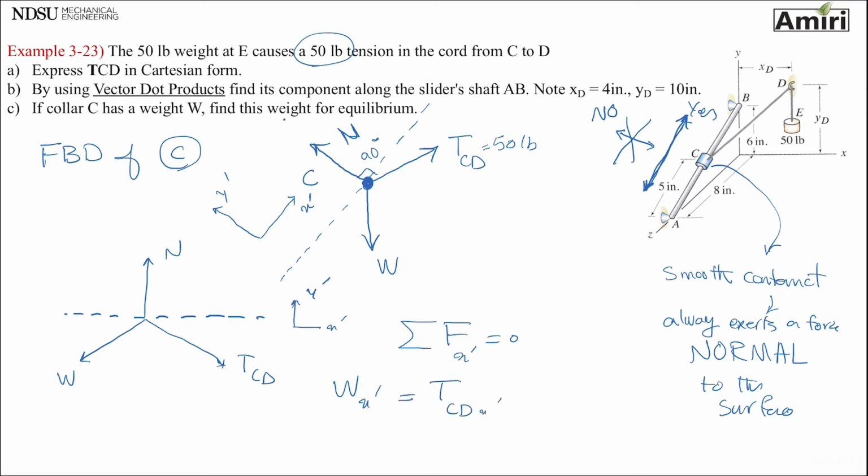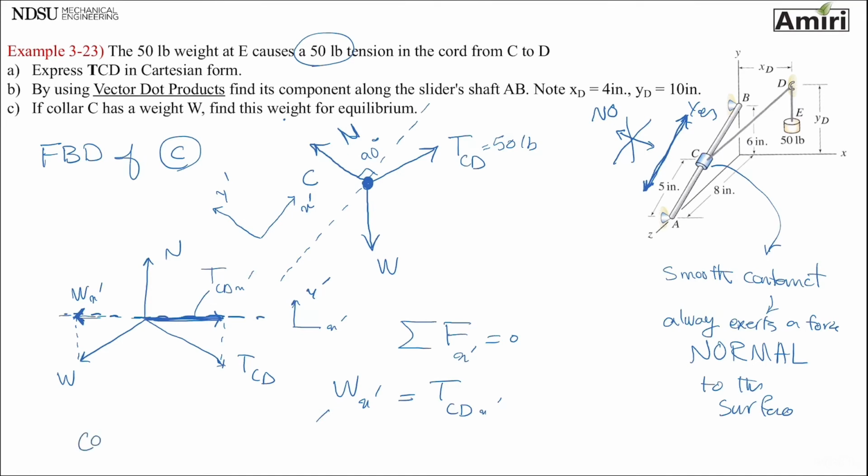This component, and this is a 3D force. Don't forget that it's not flat, it's 3D space. But anyway, the component along this line, W x prime, should be equal to this component, TCD x prime. Only if we have the components.